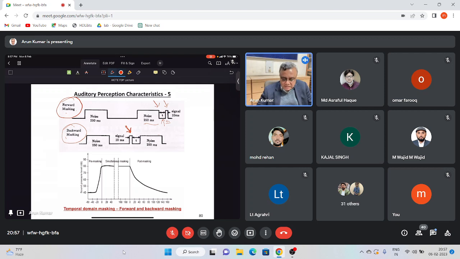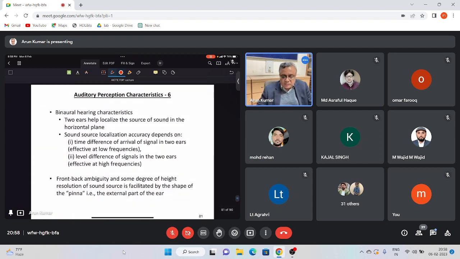And the degree of masking, that is this time t that is indicated for forward and backward masking, to which the masking is effective, depends on the level of the signal or level of the noise that is masking it. So that is explained in the figure over here.